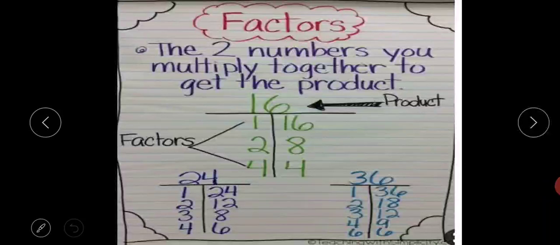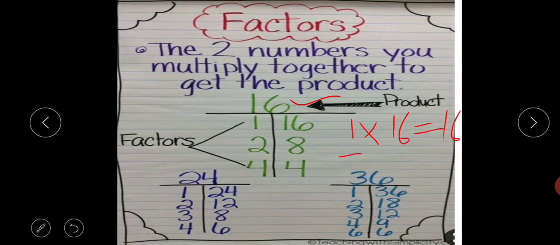For example, if we have to find factors of 16, what two numbers do we multiply to get the product 16? Yes, 1 multiply 16 is equal to 16.